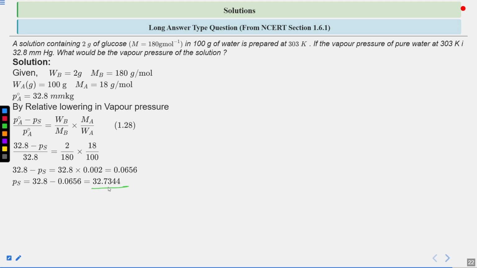This will be 32.7344. This will be the vapor pressure of the solution. So the vapor pressure of the solution is 32.73 mm of Hg, and this will be the correct solution and the correct answer for our given question.